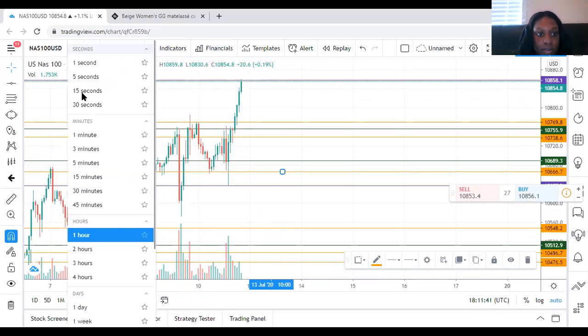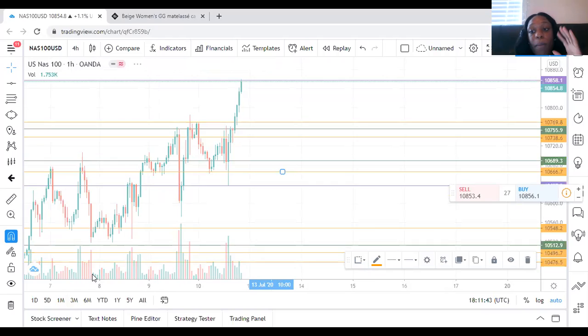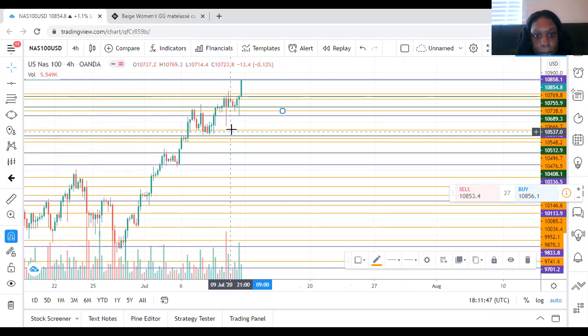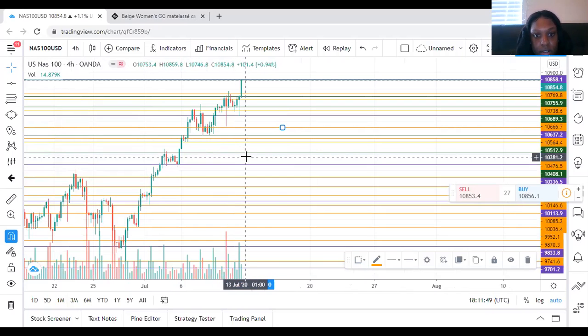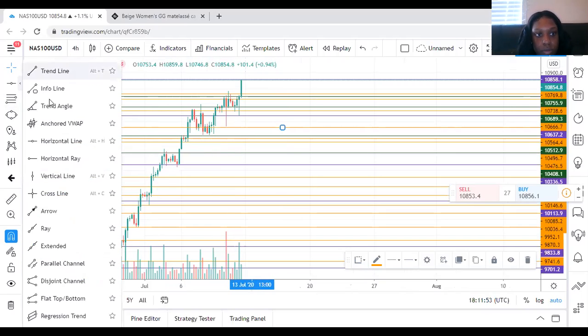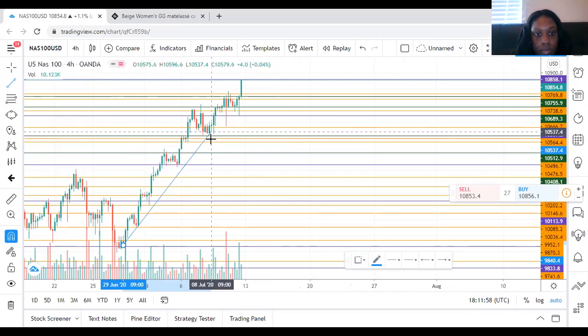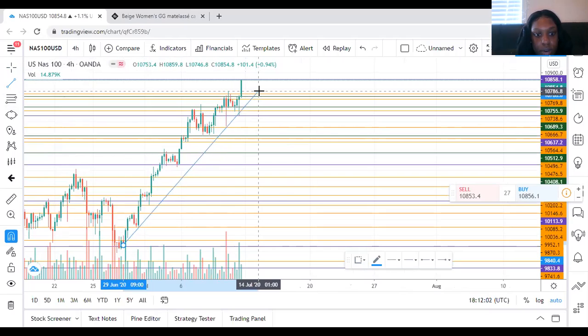Now we're gonna go back to the 4 hour. That's to mark up, but to actually analyze the market, yeah, I feel like my lines are moving. You put your trend line right here.